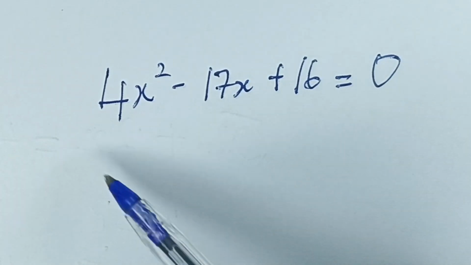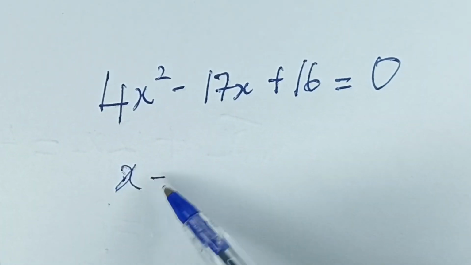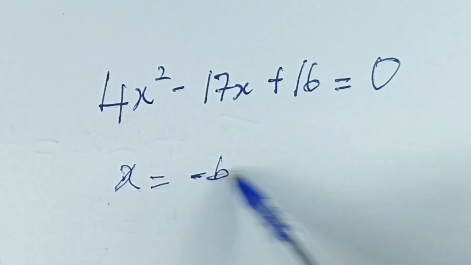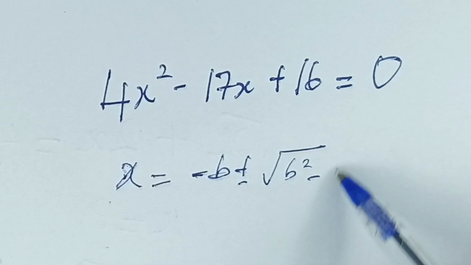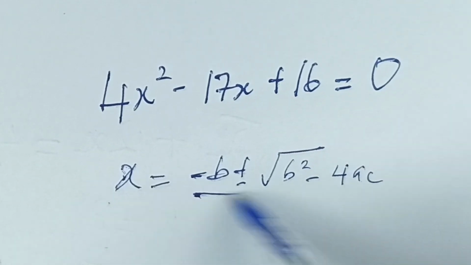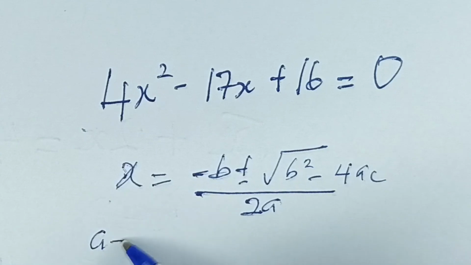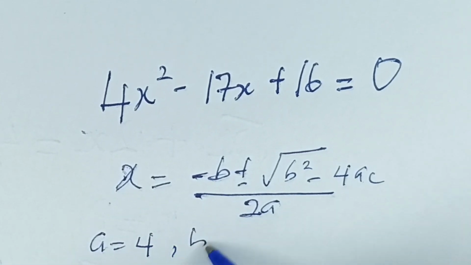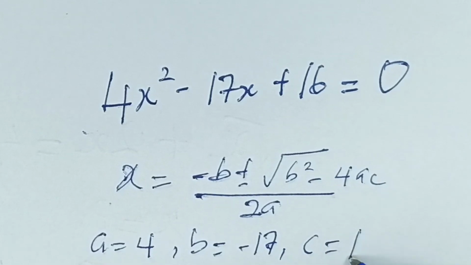So solving this using the quadratic formula states that our x will be equal to minus b plus or minus square root of b squared minus 4ac all over 2a. From this equation, our a is 4, b is negative 17, and our c is 16.